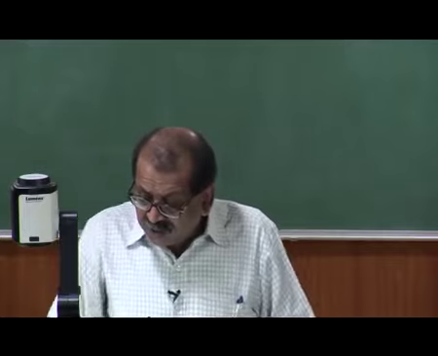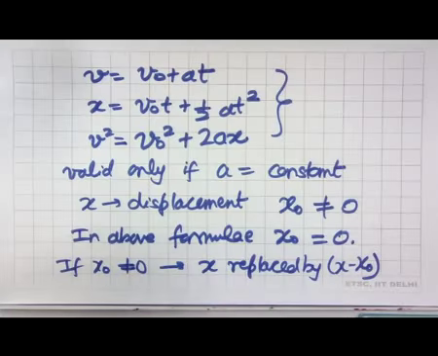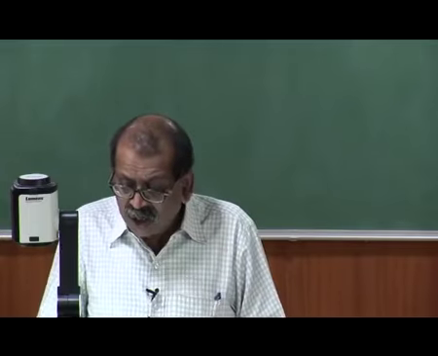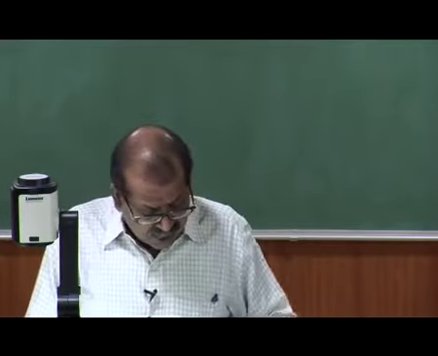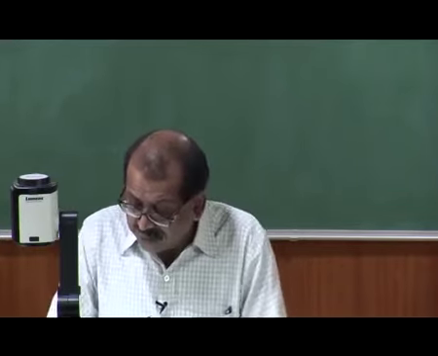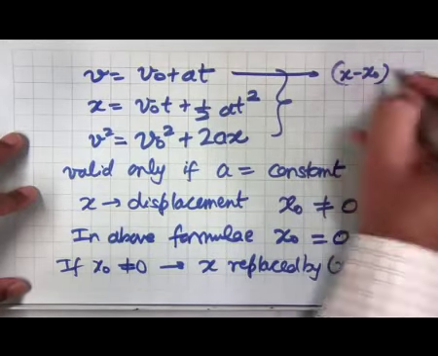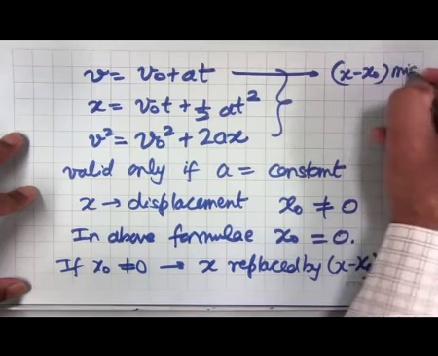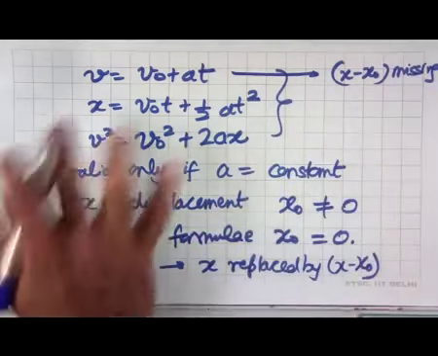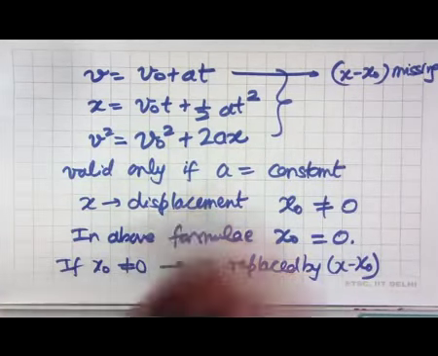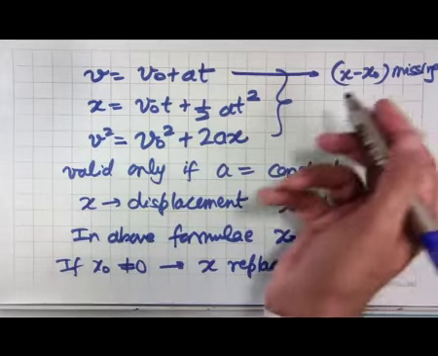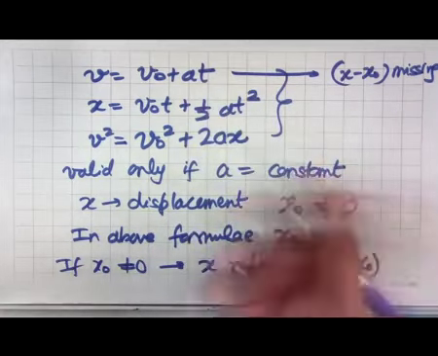So, now when it comes to application of problems, you have to see which quantity is given and which is not given. For example, in this formula, x minus x0, or the displacement, is missing. So, if you are given v and a and you have to find t, then x minus x0 does not occur anywhere in the problem.